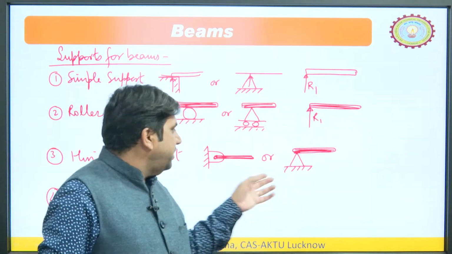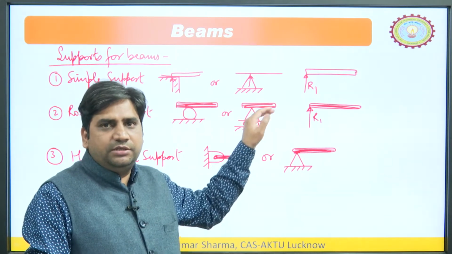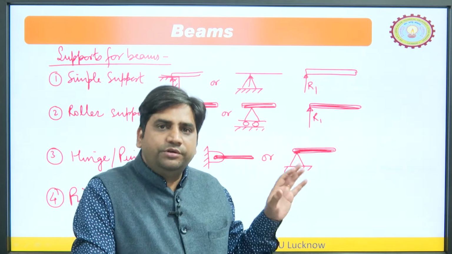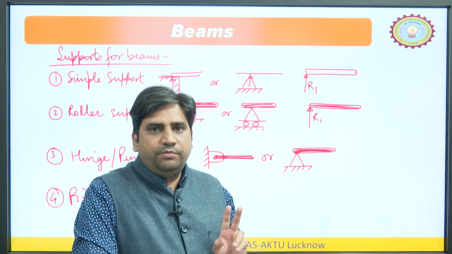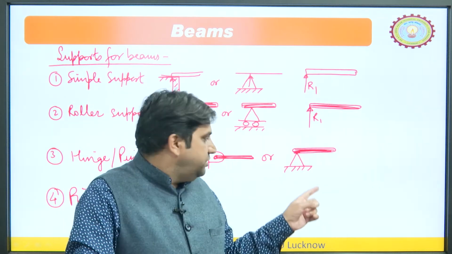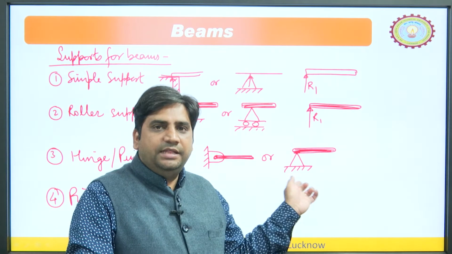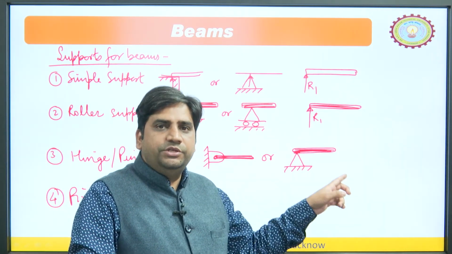Most of the time you will see different symbols, but sometimes you can get similar symbols. In that situation you will have to be more conscious, because we have only 3 equations of equilibrium. If we have these symbols on both the ends, then we will have to assume that one of them will be simply supported and the other will be a pin joint.